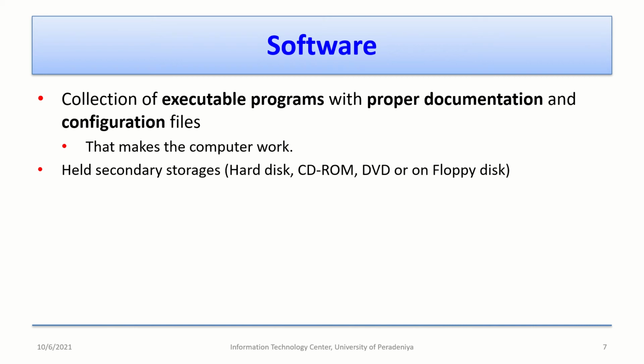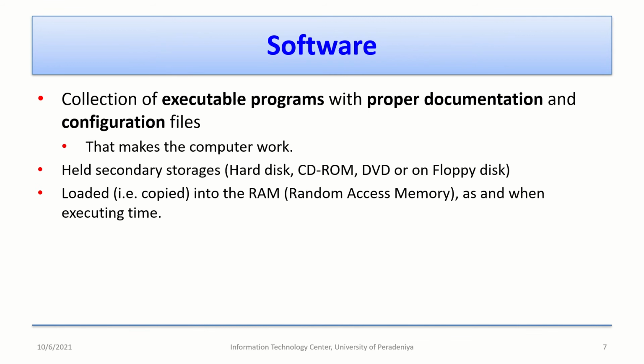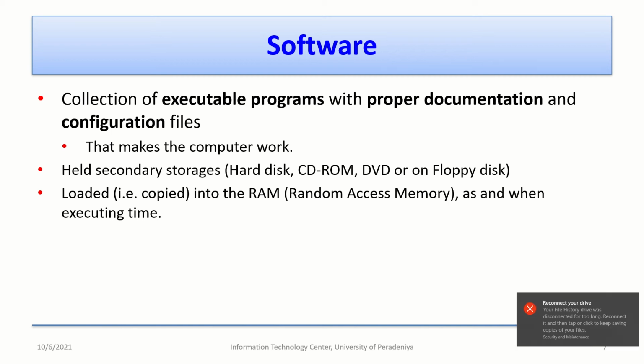The software is loaded into the main memory, and basically we use RAM as the main memory. During execution time, the software is loaded or copied into the RAM. When it is required, the software is loaded into the main memory of our computer.